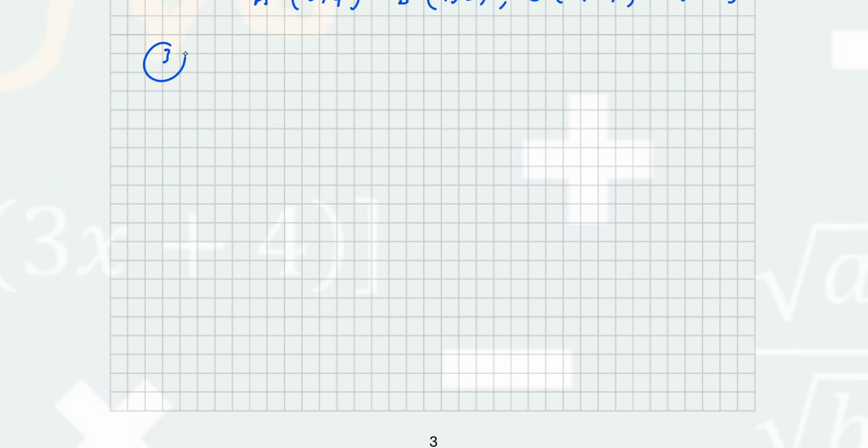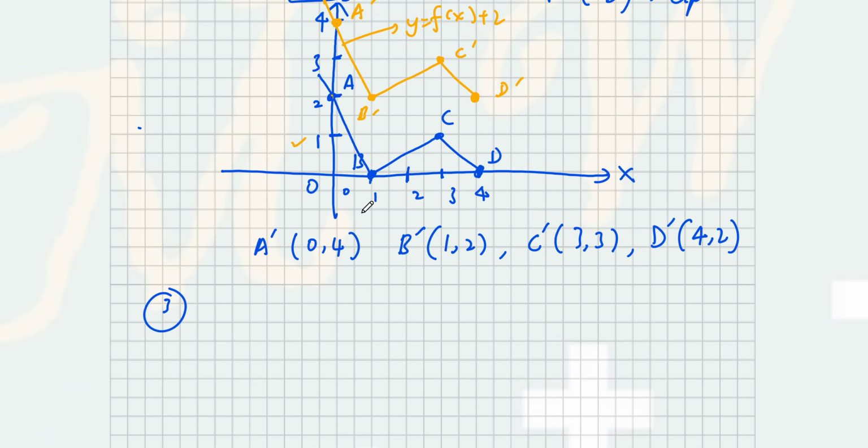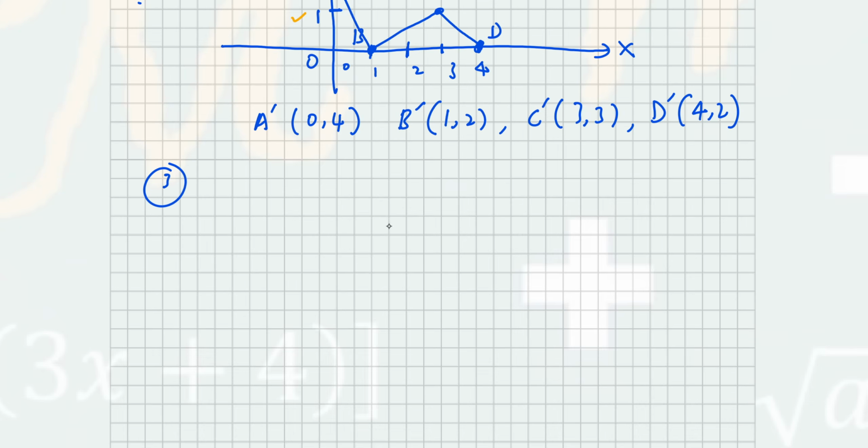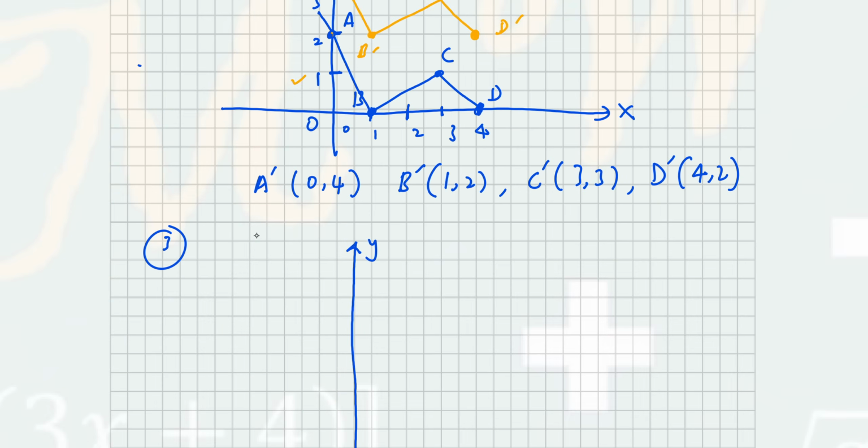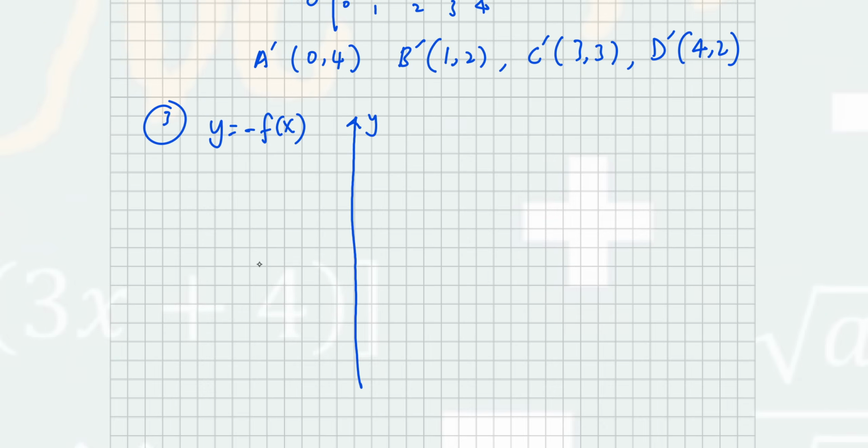Okay, my third part, I will just copy back this whole graph. Maybe I just write down the function first.